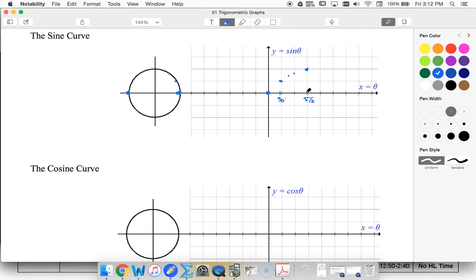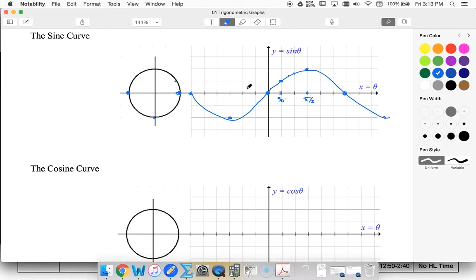So now I know 1, 2, 3, 1, 2, 3, I'm back to 0. 1, 2, 3, I would be back down at -1 because my sine graph is positive, positive, positive, 0, negative, negative, negative, and I've got -1 at either 270 degrees or 3 pi over 2 radians. So we continue in this pattern, -1, back to 0. So my sine graph, nice smooth curve, as much as I can.